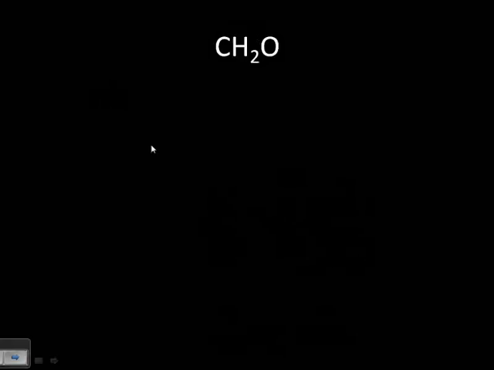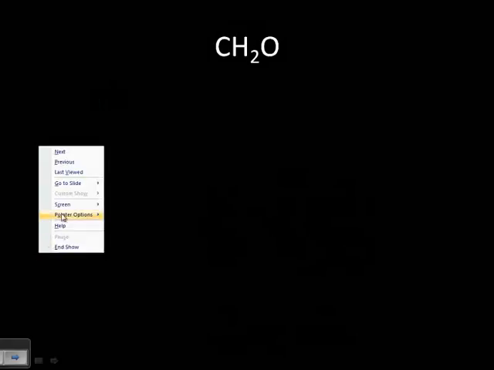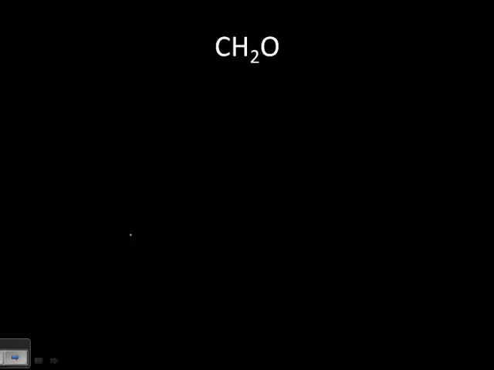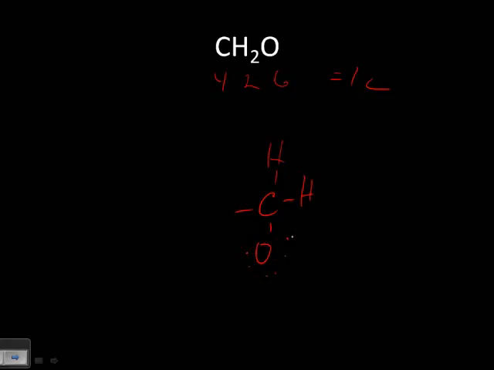CH2O. Let me go back. Alright, carbon has 4, each hydrogen has 1 for 2, oxygen has 6, that's 12. I'm going to put carbon in the center, surround it with the other atoms, assume single bonds to start, give everybody an octet.